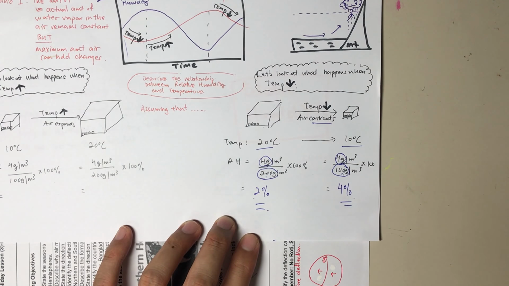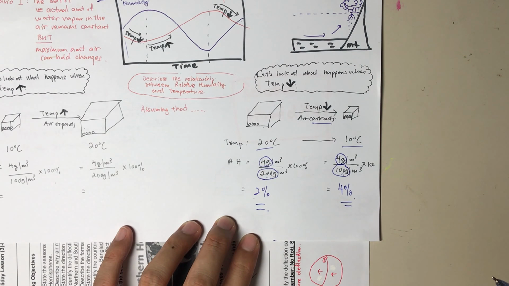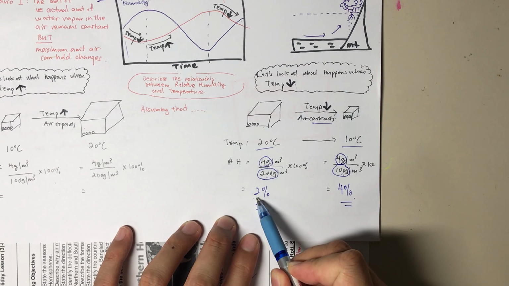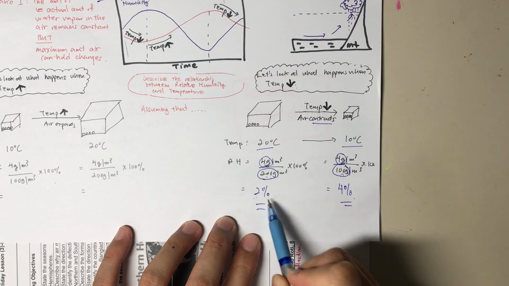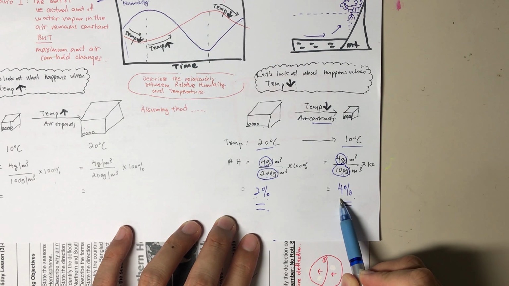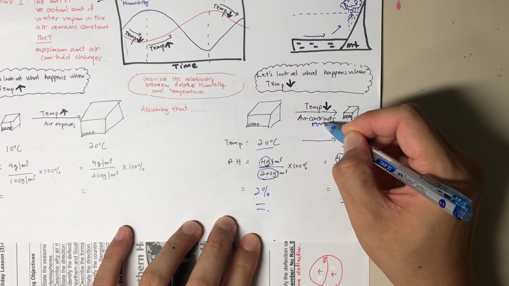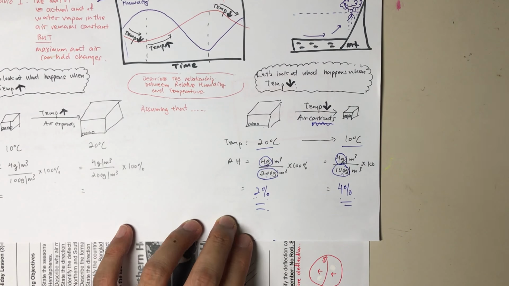Therefore, because my maximum has decreased, the current amount seems to take up a larger percentage. That means in the past, my air is only 2% filled with water vapor, currently my air is filled with 4% of water vapor, simply because air contracted.